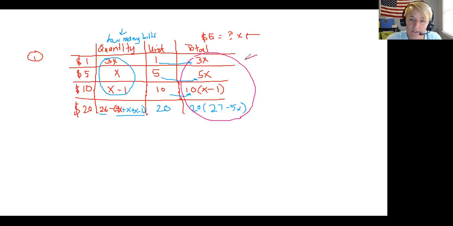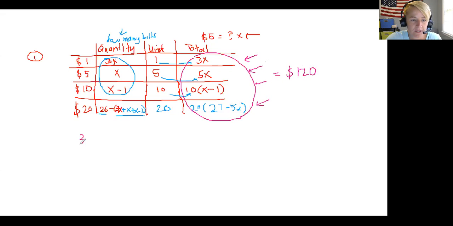So I must add each of these together and set it all equal to 120. If I can figure out what my x is, then I know how many ones, how many $5 bills, how many $10 bills, and how many $20 bills I have. So I'm going to add all this up and set it equal to 120.